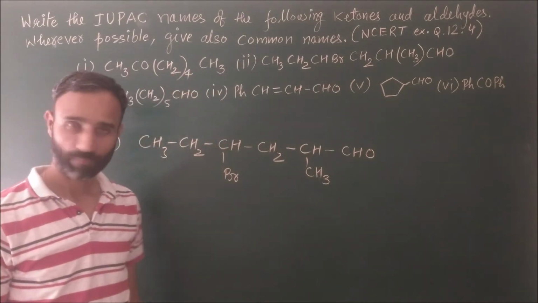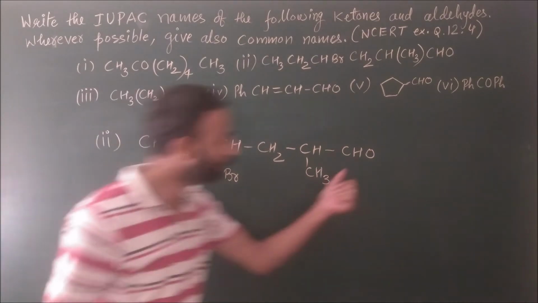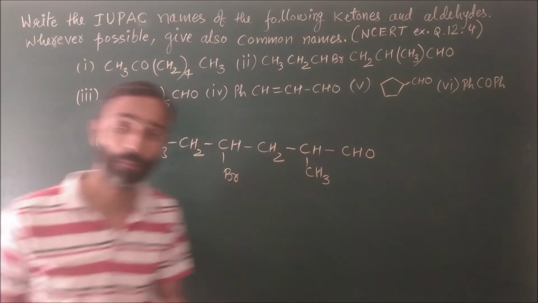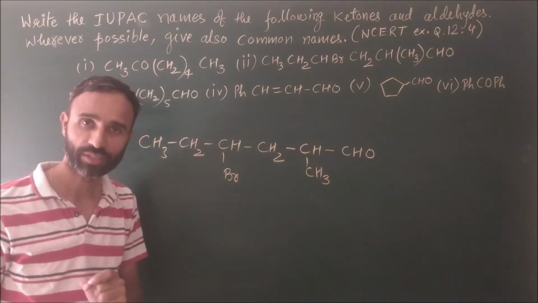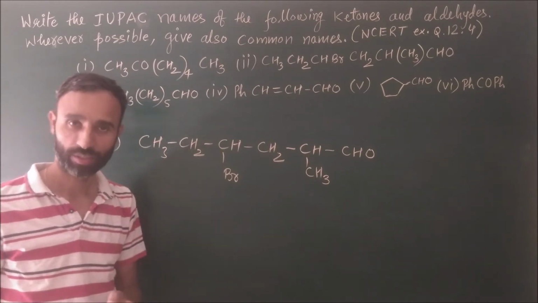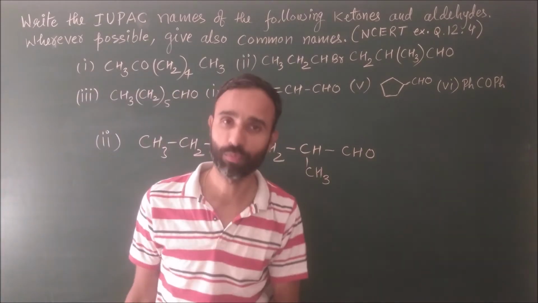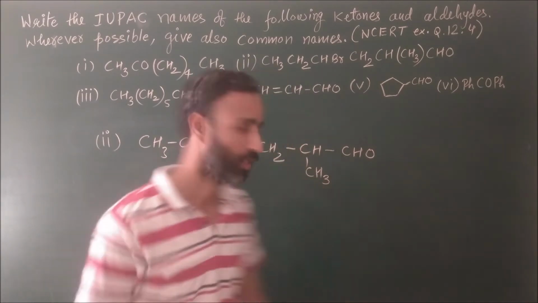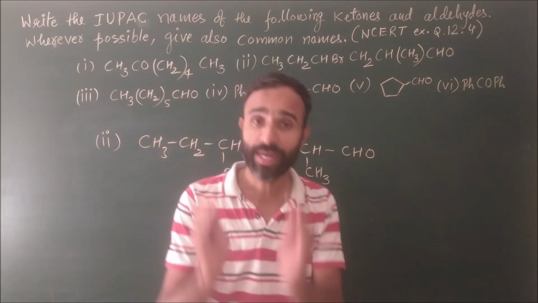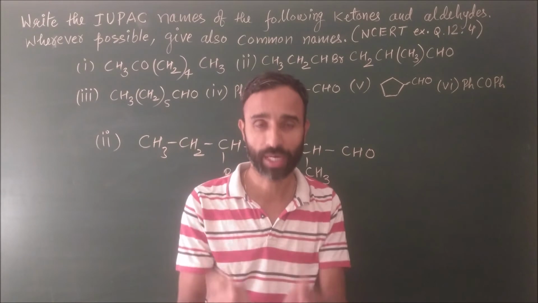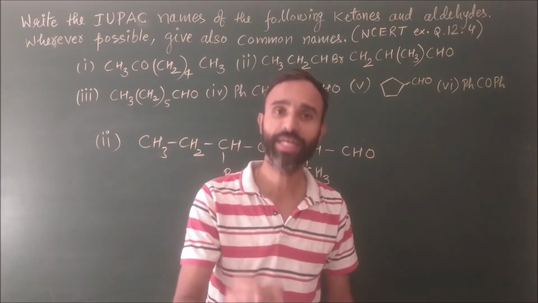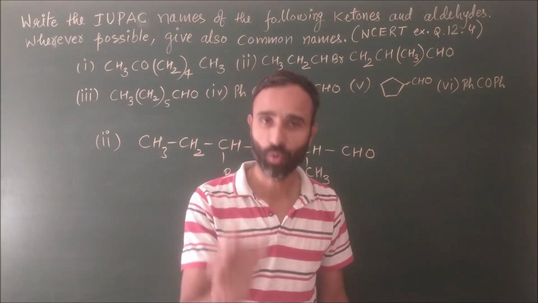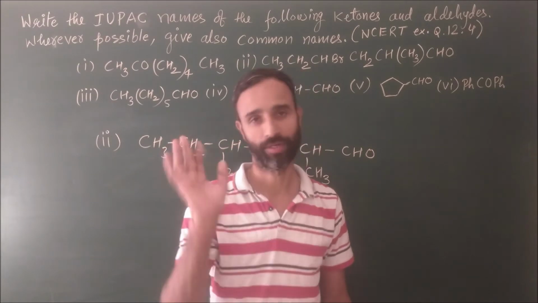Longest possible chain: you can start from this side, you can start from the other side. There are the same number of carbon atoms in the main chain, but the difference lies in the lowest locant rule. CHO is the functional group, so that should get the lowest number. Keep in mind, any carbon containing functional group, if it is present alone in the molecule, will always get the lowest number, that is number 1.